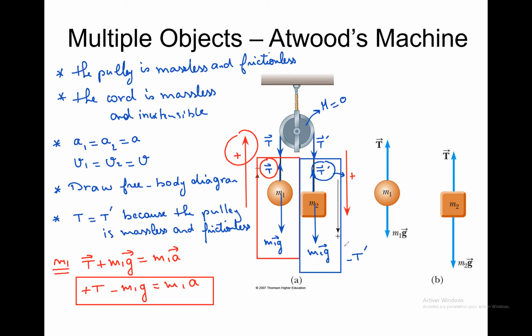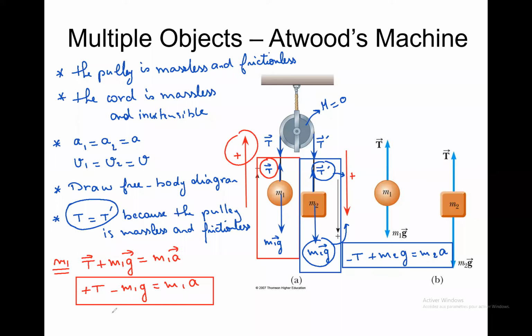And you know that T prime equal T. Here we have the same T. Don't forget, T equal T prime in the case where the pulley is massless and frictionless. Okay. Minus T, M2g is in the positive direction, so plus M2g equal M2a. This is the second equation here.